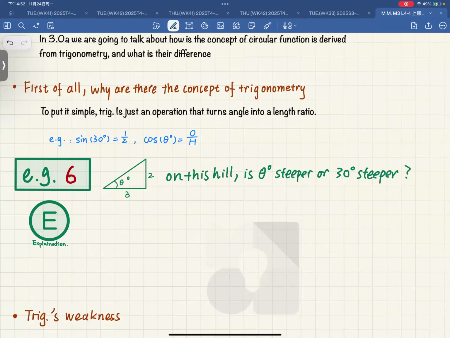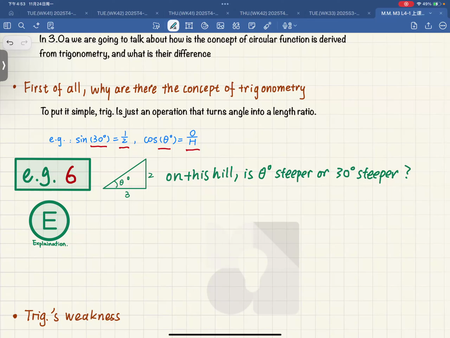Sine 30 degrees, that's the ratio of two sides. Theta is the angle, and that's the ratio of two sides. We use a rule to convert an angle to a ratio of two sides.